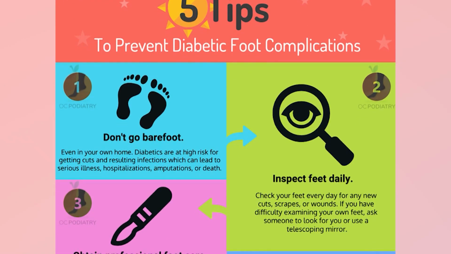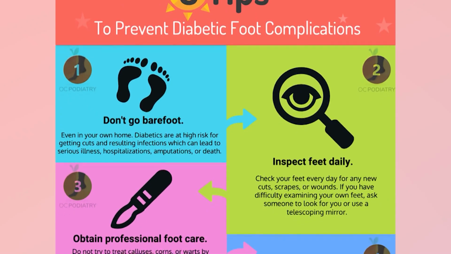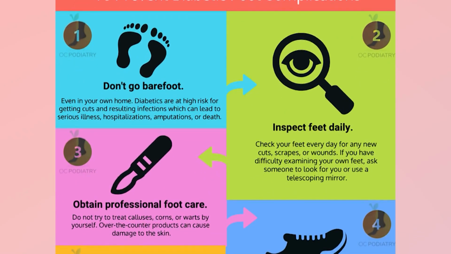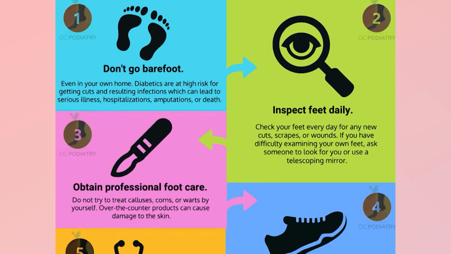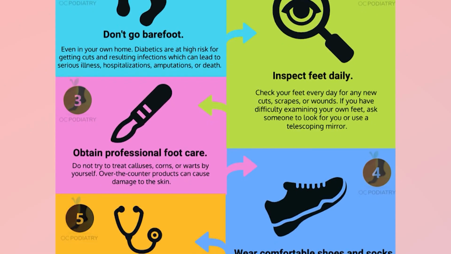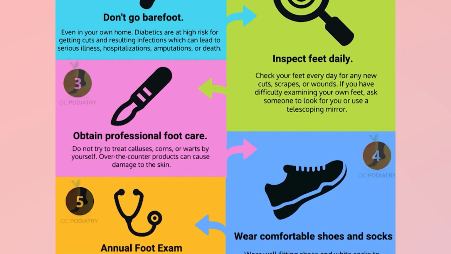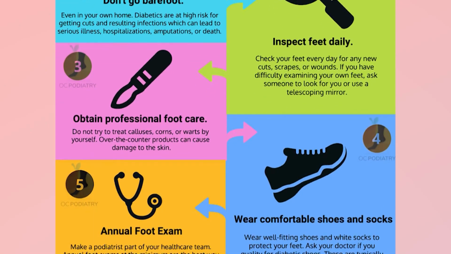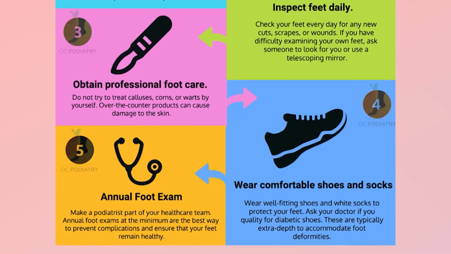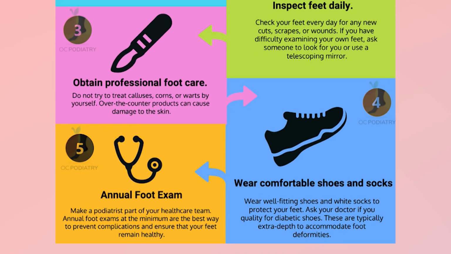So the idea is to, one, do whatever you can to improve your circulation, do whatever you can to improve the functioning of the nerves in your feet and legs. Right. You want to keep your blood sugars under control. Mm-hmm. And there's a whole host of things I'd like to speak to you about when you have time, or when we have time during the interview, about things that you should specifically do to protect yourself.